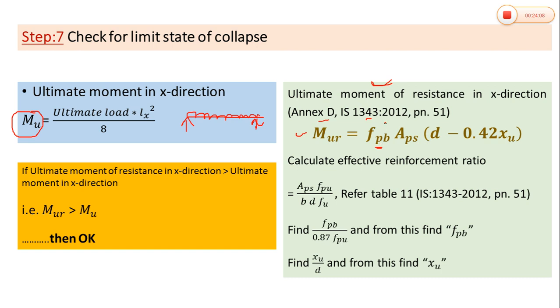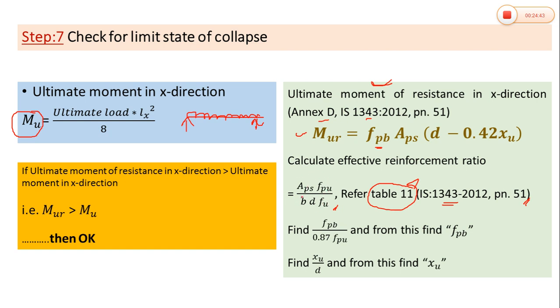This value of stress we can calculate with the help of table number 11 of IS 1343:2012, page number 51. I have included that table 11 in the next slides. So we get this value of fpv by using table 11. One of the columns of table 11 represents Aps fpu, bd fck.